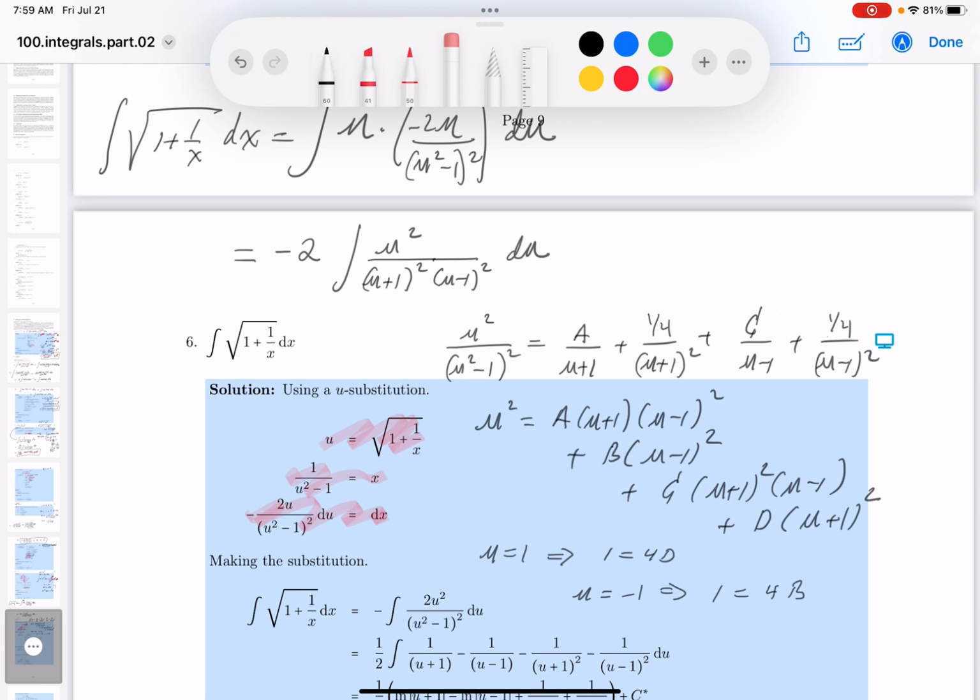I need a little board space over here. I'm going to pick u to be 0 now. You're going to get 0 on the left. And let's see what you get there. If I pick u to be 0, you're going to get A. And then you're going to get B. But B is a quarter, right?